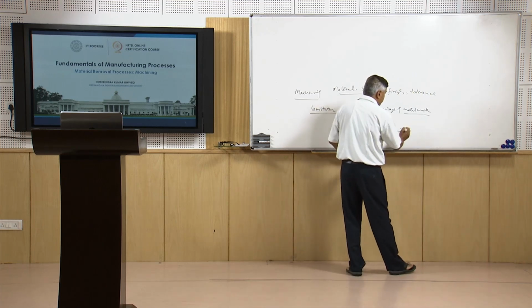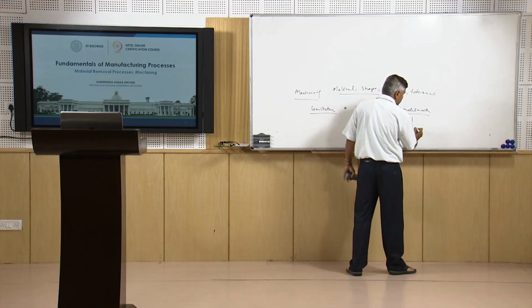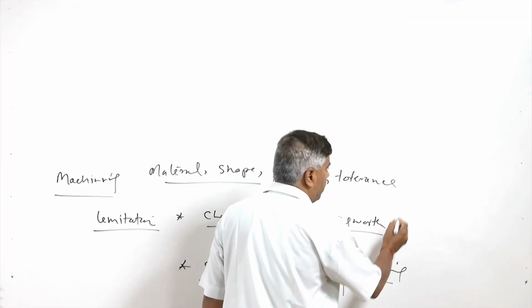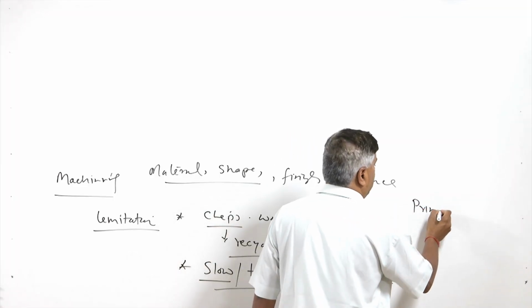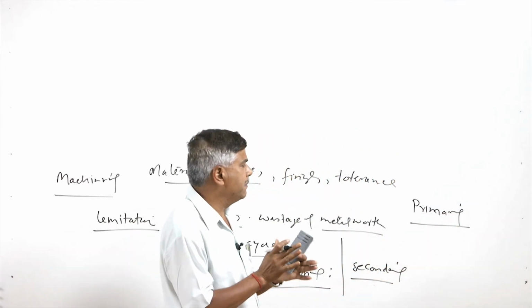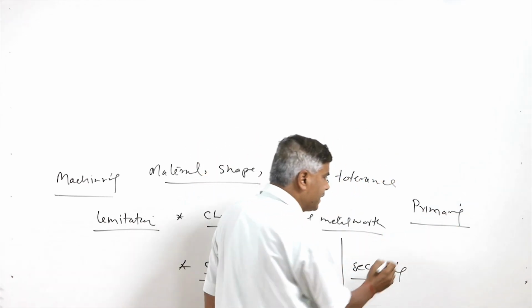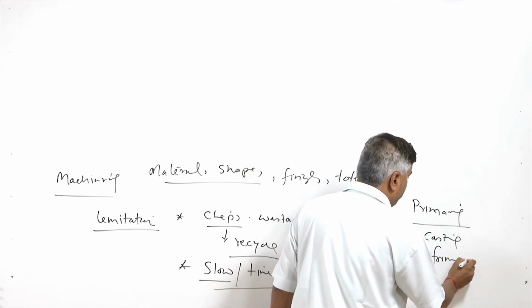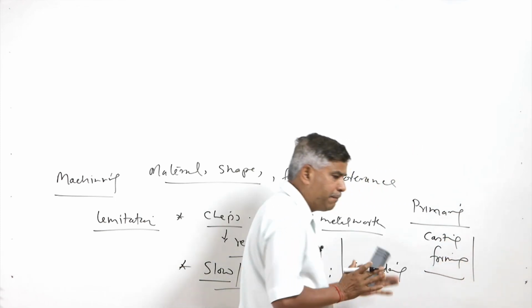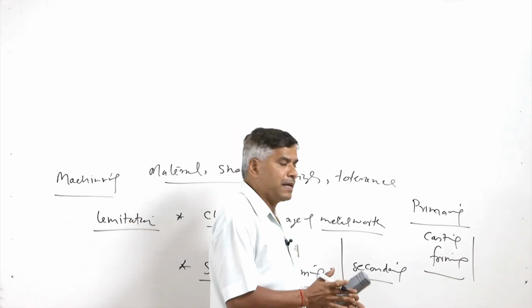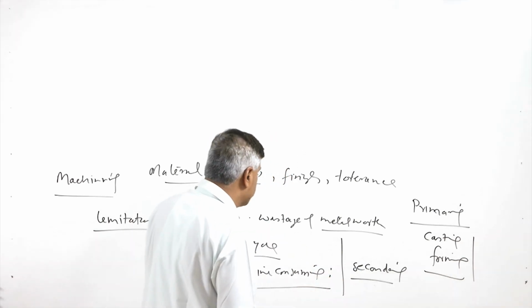So, machining is basically a secondary process. Primary shaping processes like casting and forming or deformation based processes will help us reach as close as possible to the final size and shape of the product which is desired.